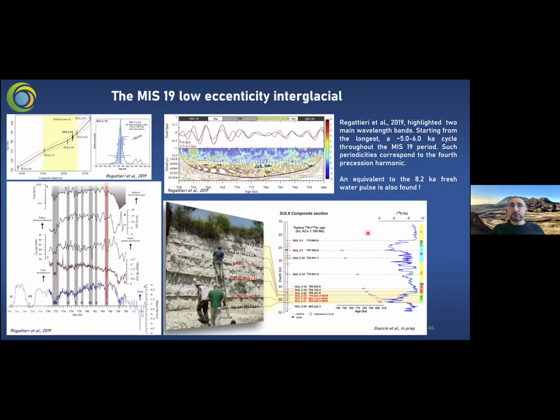We continued to work on that record, and in 2019 we published decadal records of variability during MIS 19 based on more chronological control, and we highlighted during MIS 19 a 5 to 6 kiloyear cycle, which corresponds to the fourth precession harmonic.